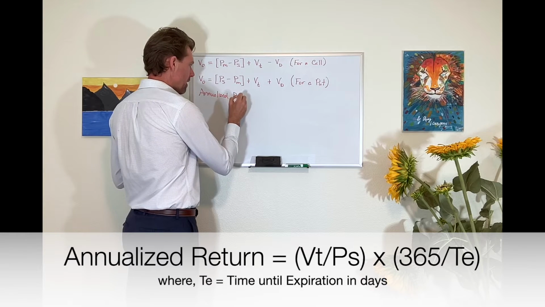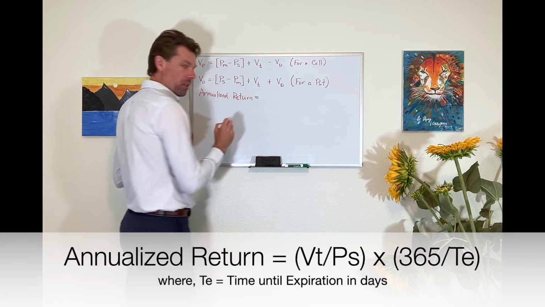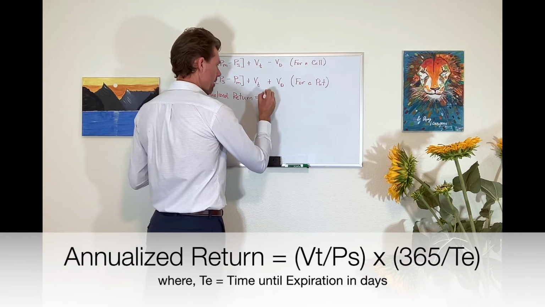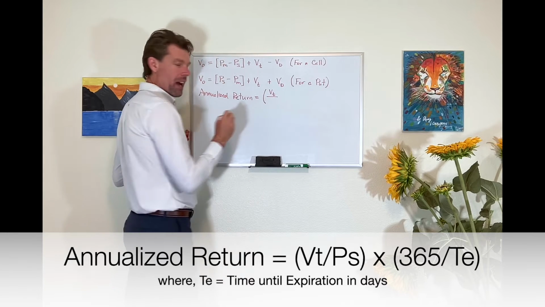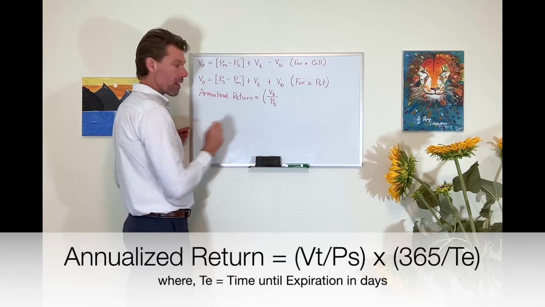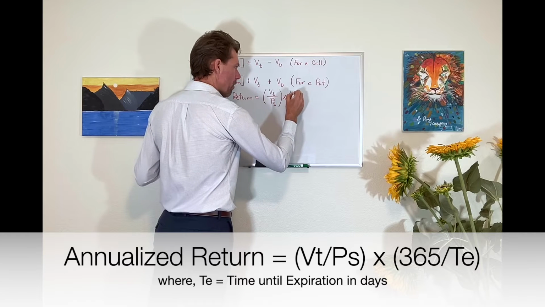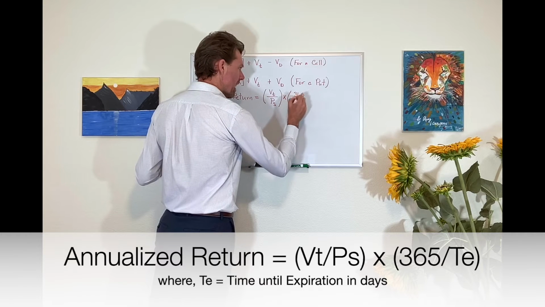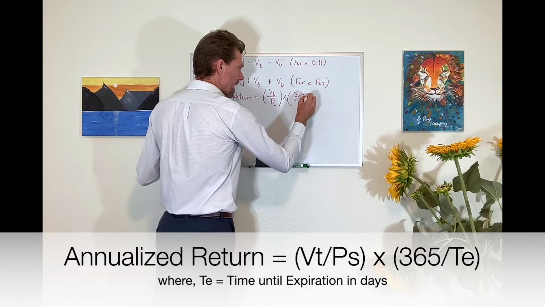I'm going to write it out in its full extent, equals VT divided by PS, this is the time value, and this is the strike price, all multiplied by 365 days divided by what I'll call TE.